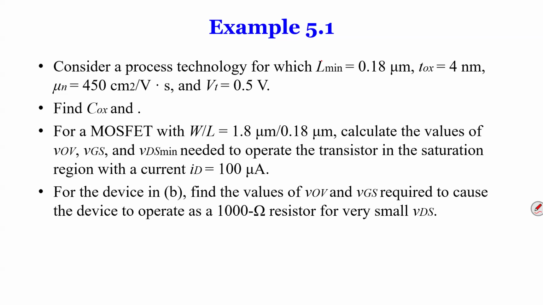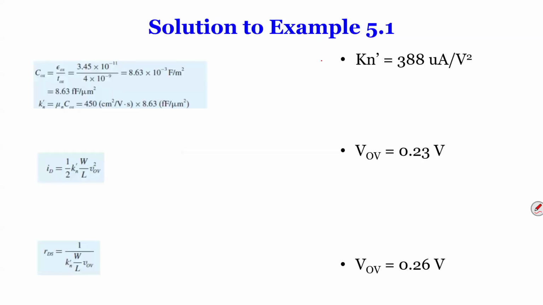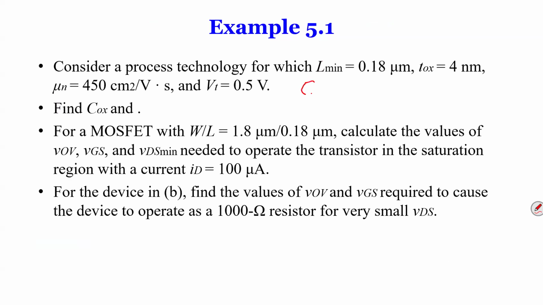COX is basically the permittivity divided by TOX. That's what was given. And then if you want to find k, k prime is COX times mu. So those are numbers that you can easily find for the device.